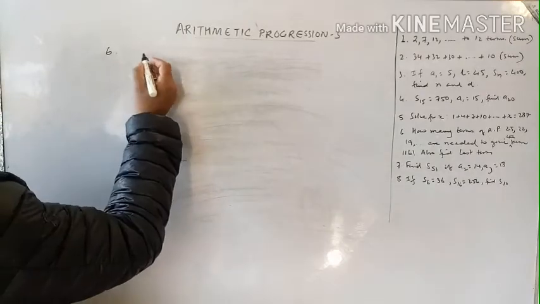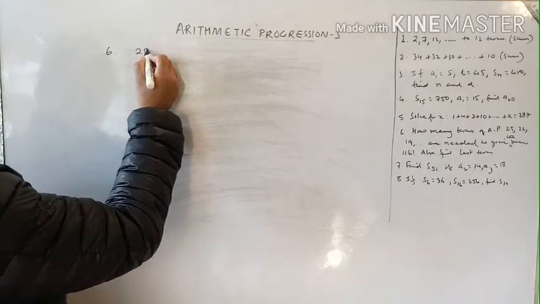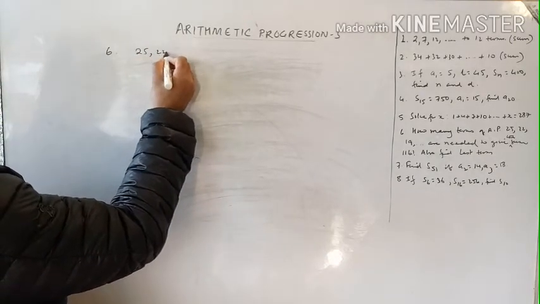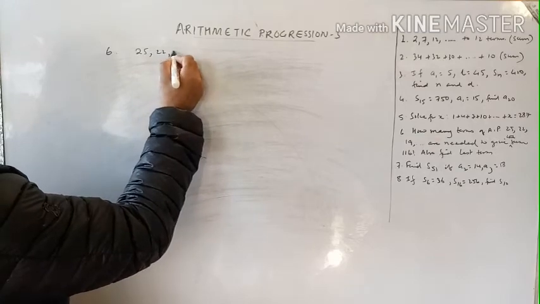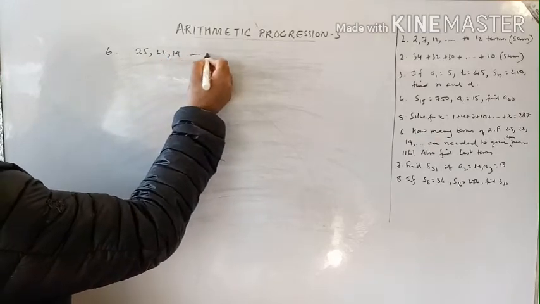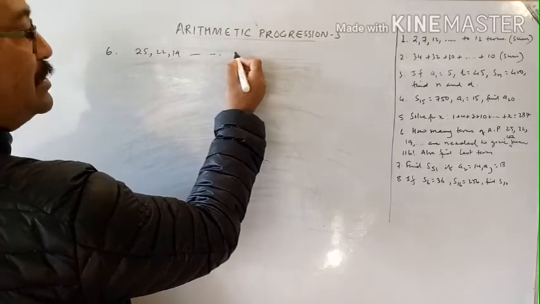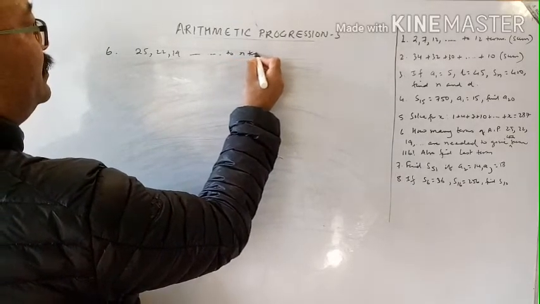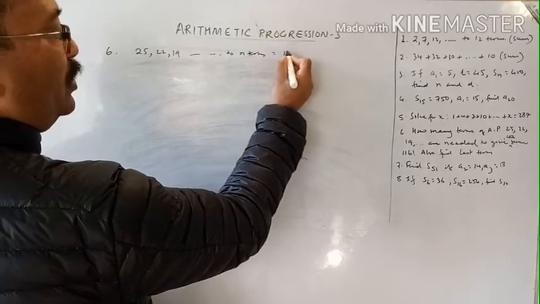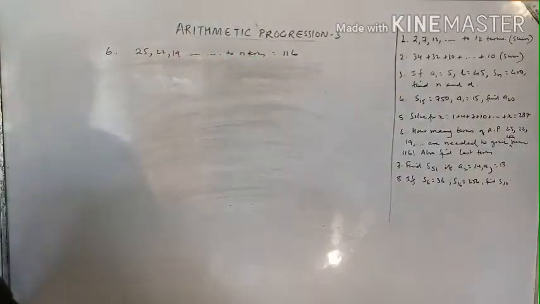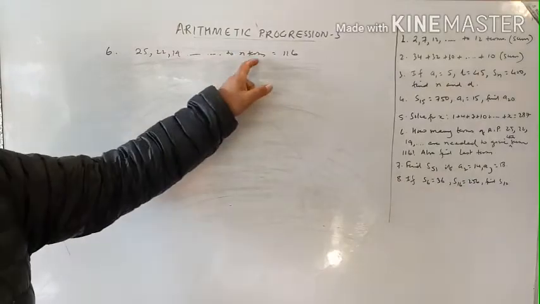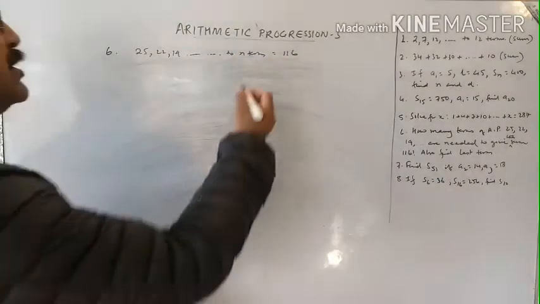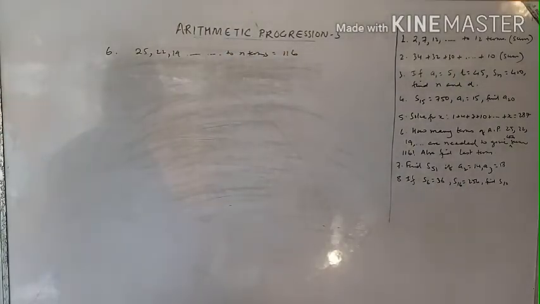So we are given 25, 22, then 19, and the sum is 116. So how many terms are required? We suppose that n terms are required to give the sum 116.